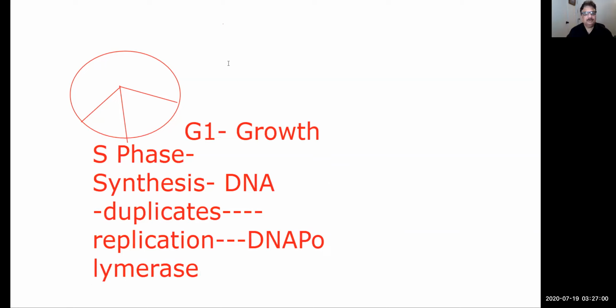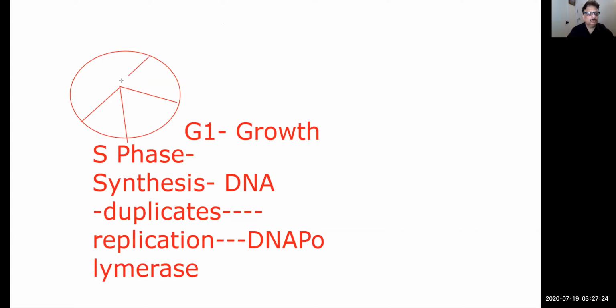And then after S phase, there is a phase called G2 phase, and that is growth phase 2.